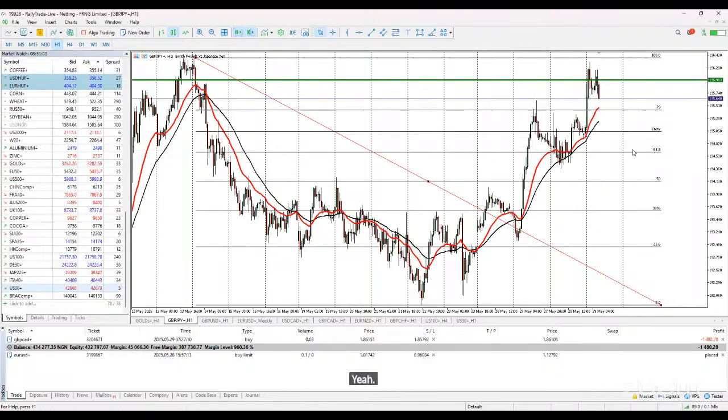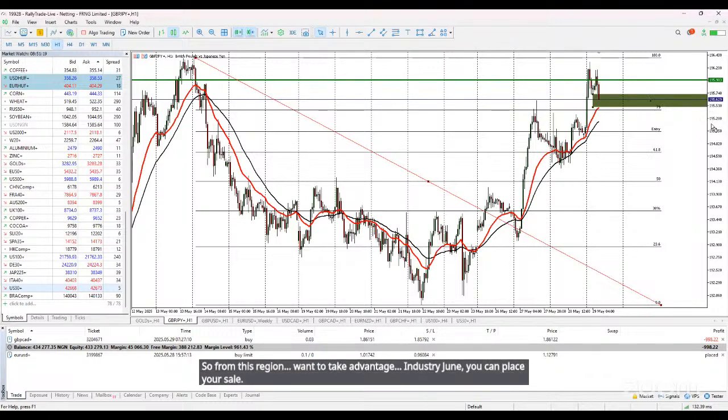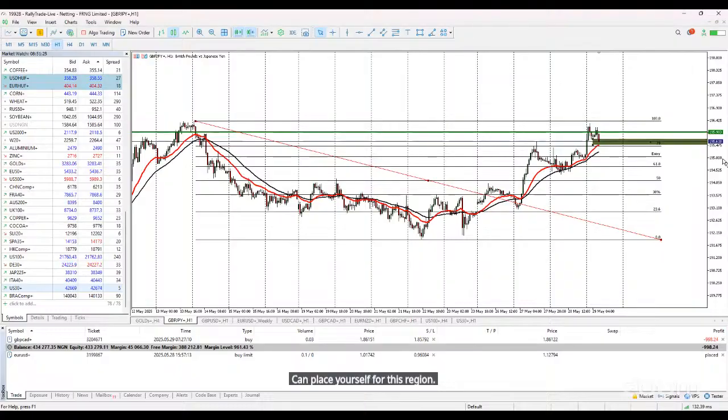Yeah, for GBPJPY for today, you'll have to take advantage of this quick sell. So from this region, you can place your sell. It's going to be a short sell.